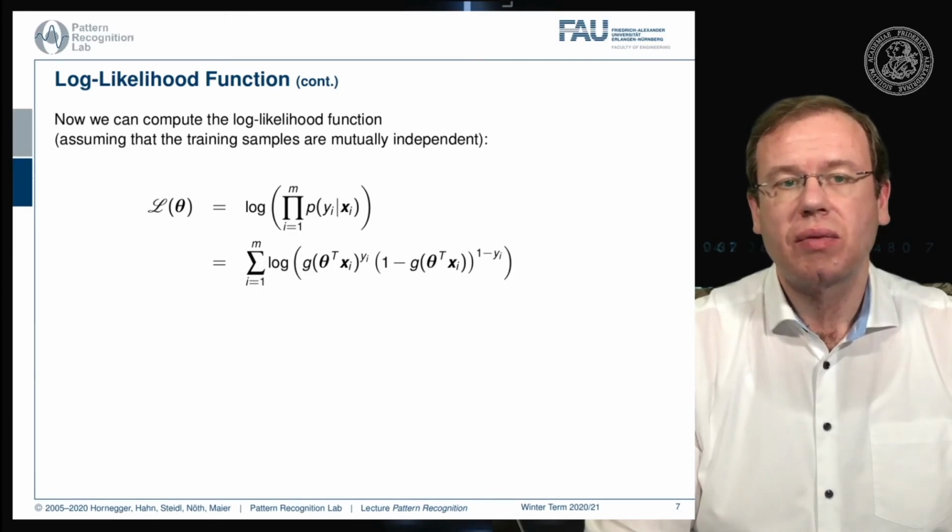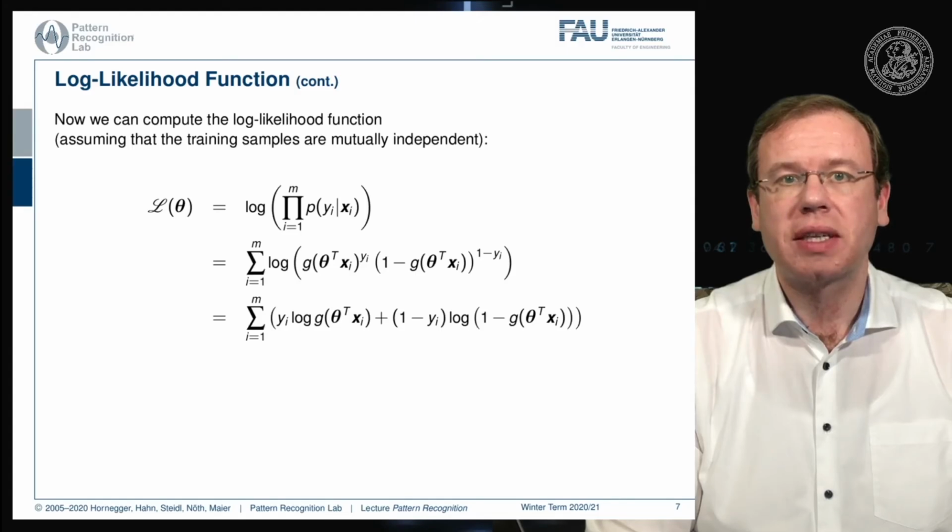So here we have these terms with the logistic function. Now we can go ahead and use the property of the logarithm, where we then can pull the exponents in front of the logarithm, and then we get essentially the following observation in this line, that all of the exponents have been moved in front of the logarithm.